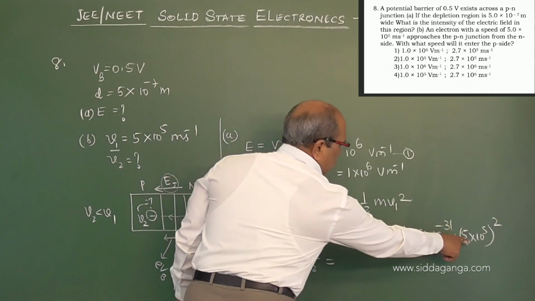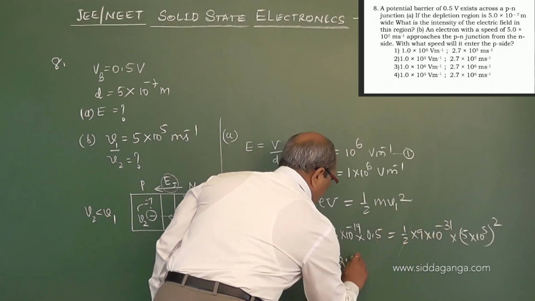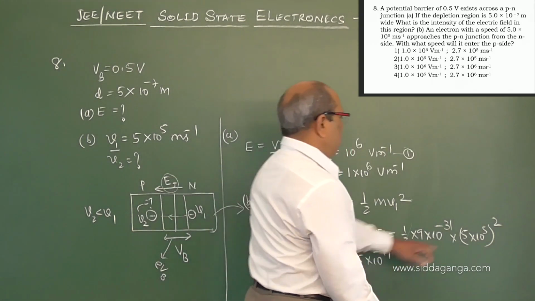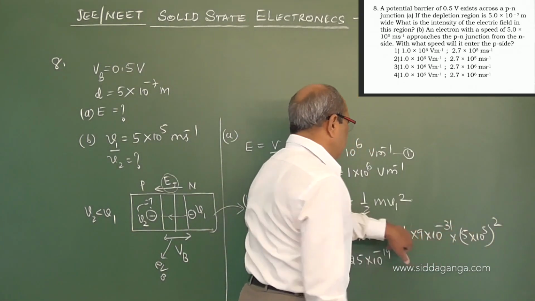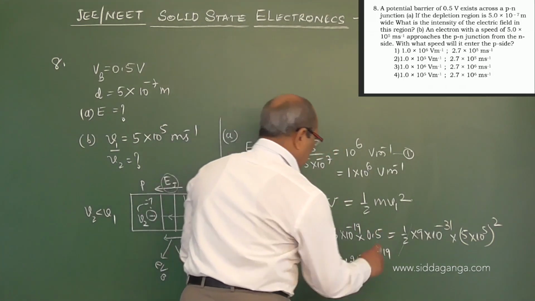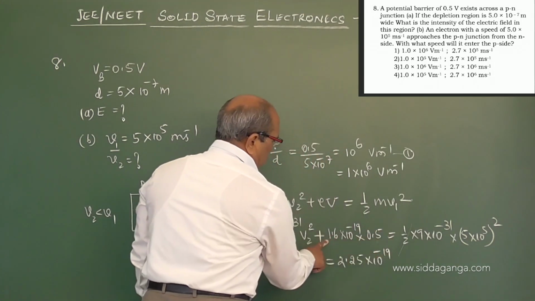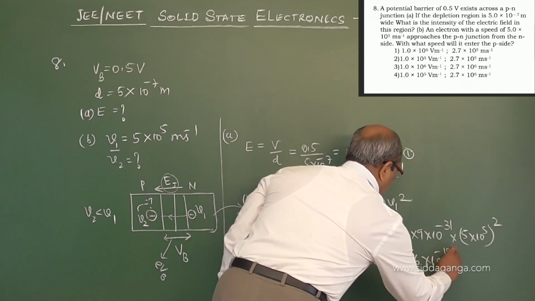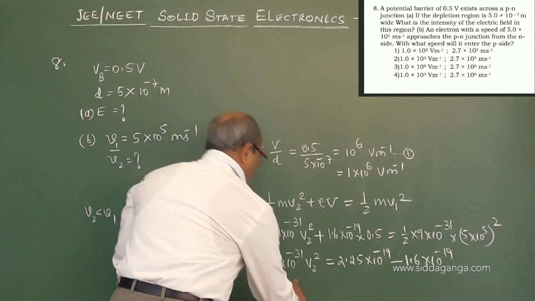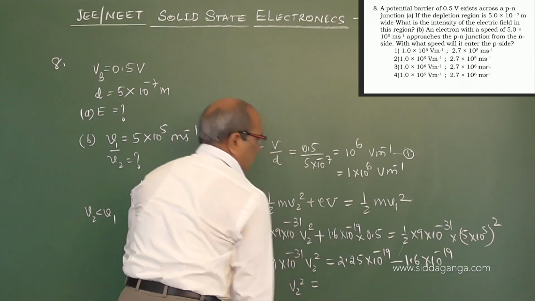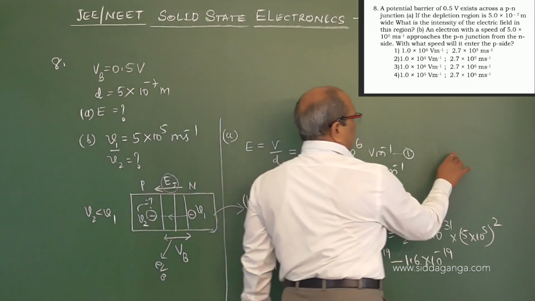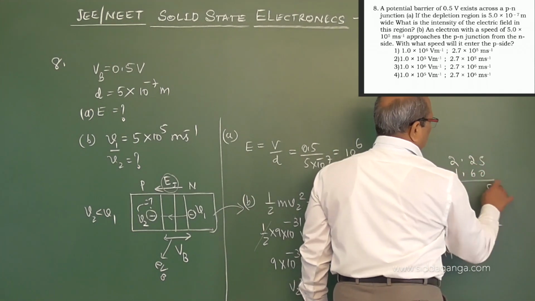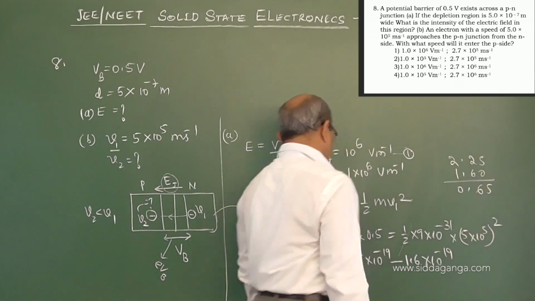If I take it as it is, 25 9s is 2.25 into 10 power minus 19, because 10 power minus 21 into 225 gives 10 power minus 19, minus 1.6 into 10 power minus 19. So V2 square then equals 2.25, if you take 2.25 and subtract 1.6, you get 0.65.